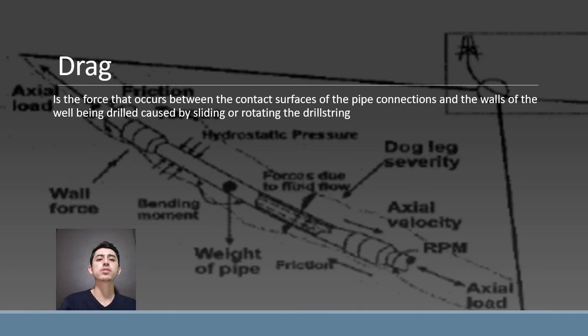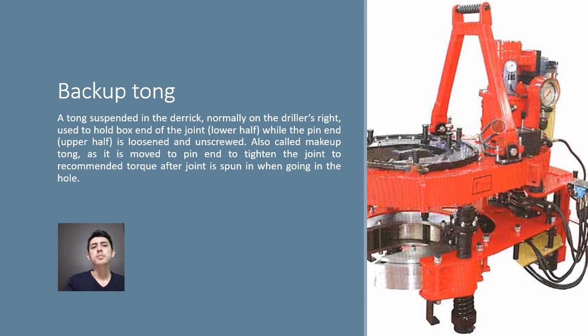Drag is the force that occurs between the contact surface of the pipe connections and the walls of the well being drilled caused by sliding or rotating the drill string. Backup tongs is a tong suspended in the derrick, normally on the driller's right, used to hold the box end of the joint while the pin end is loosened and thus unscrewed.